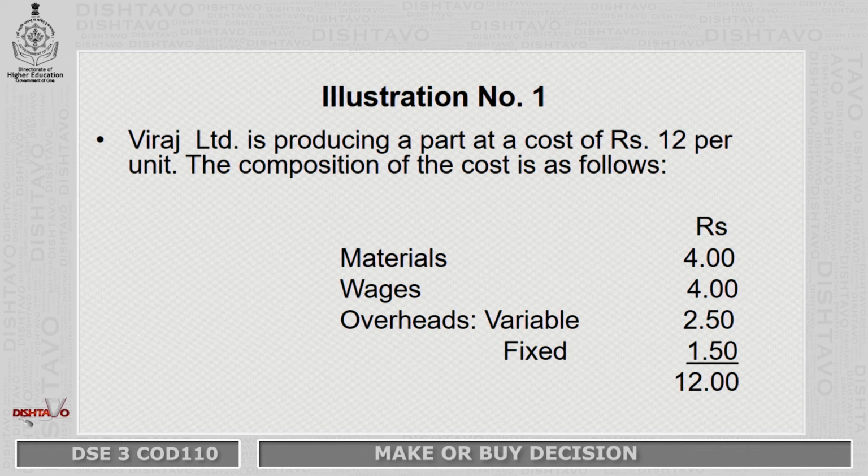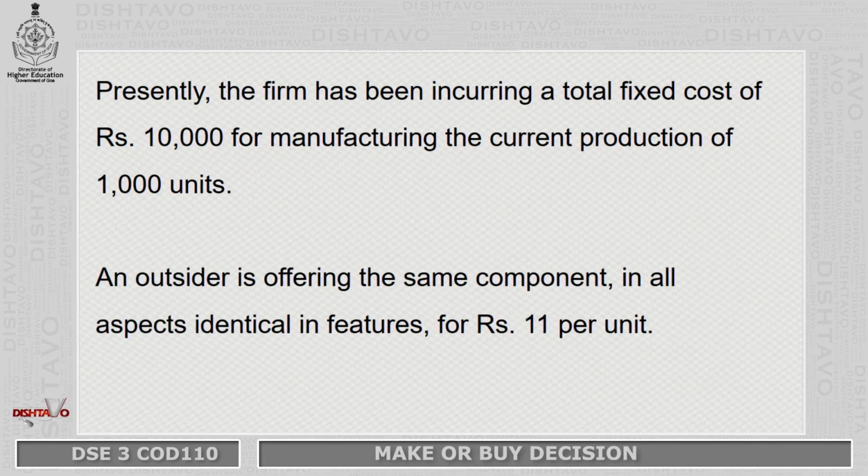Variable is 2.50 and fixed is 1.50. So, the total cost comes to 12. Alright. And presently the firm has been incurring a total fixed cost of rupees 10,000 for the current production of 1000 units. So, they are running at a production of 1000 units, and the total fixed cost of manufacturing comes to 10,000.